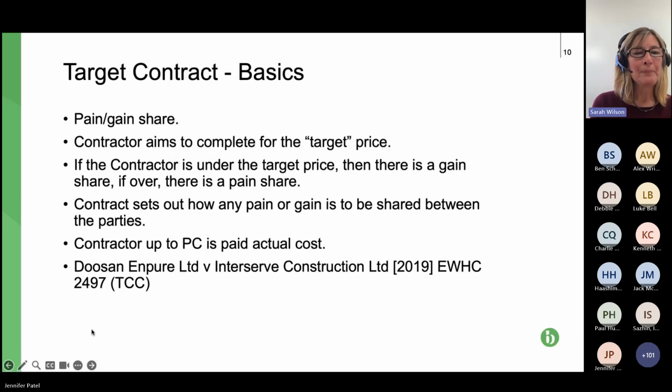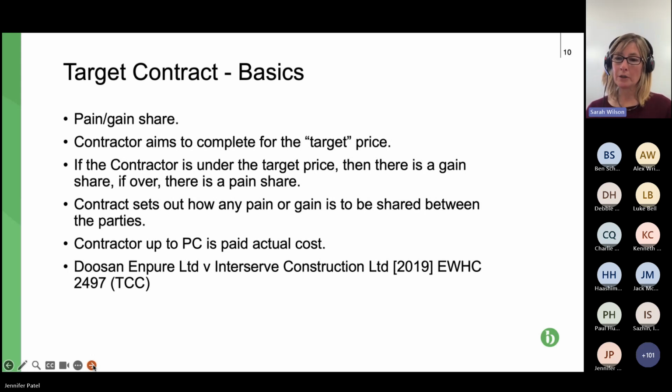The contract states that the work is completed, so you get to completion, and at that point the project manager makes the sort of first or provisional assessment of the pain gain. Sort of makes sense because at completion the parties should be pretty clear as to what the project has cost.